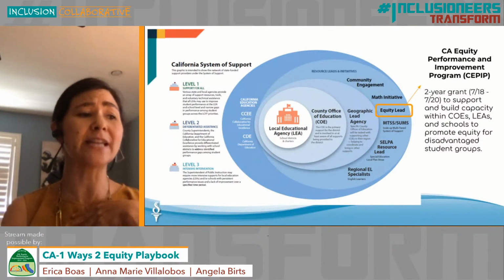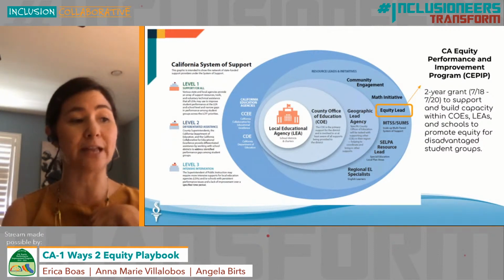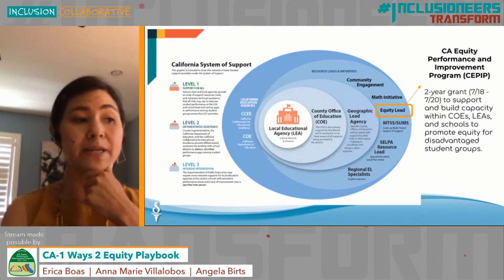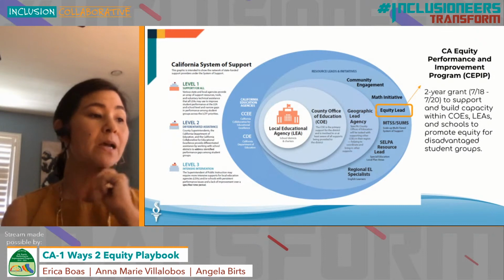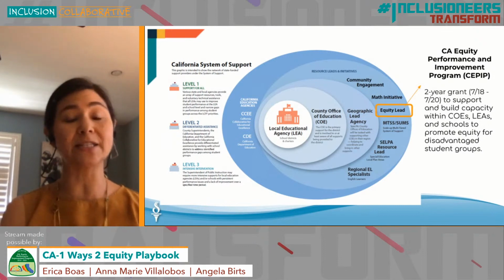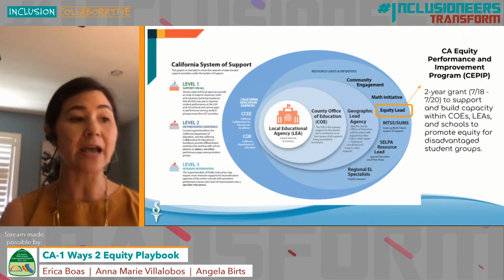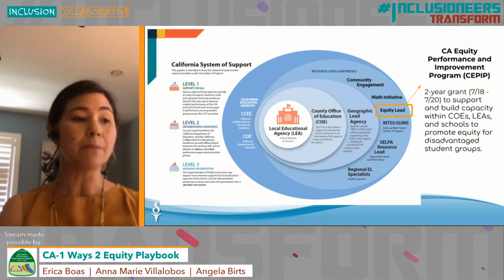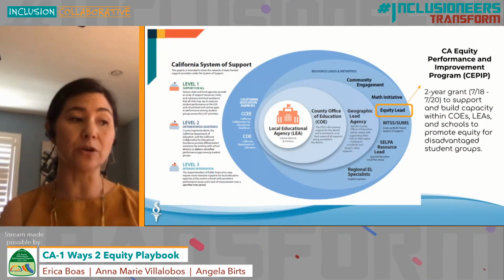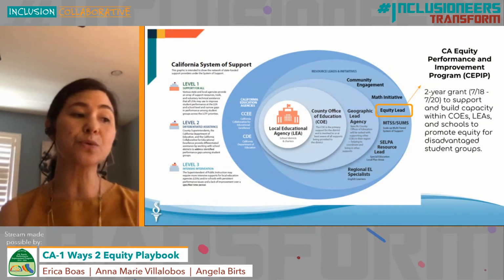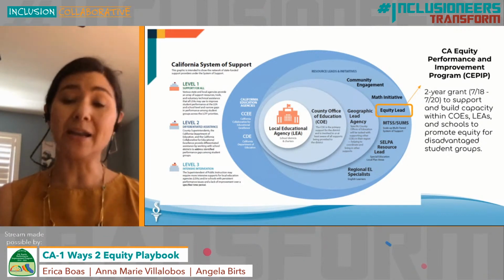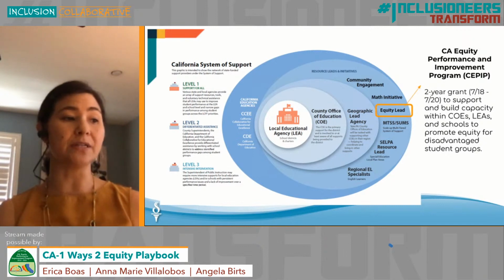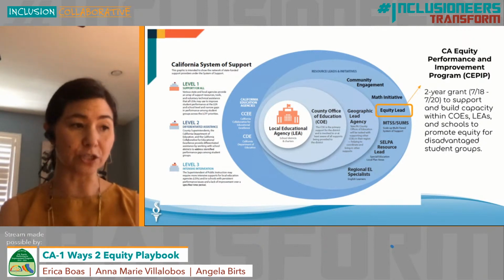As an equity lead, we were responsible for several activities, including the development of new resources and activities to promote student equity, dissemination of information on effective equity practices, equity trainings, and partnering with LEAs, or local education agencies, and schools to drive equity for their focal student groups. That is, once again, African American students, students with disabilities, and English learners.